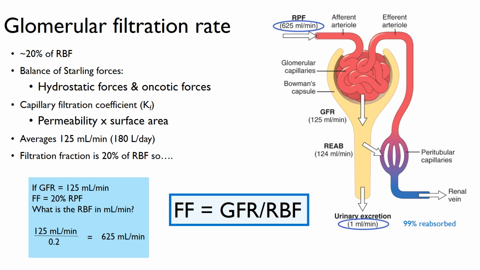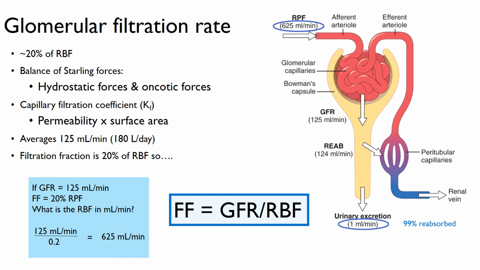So in this example over here, I'm giving you 125 mL per minute as your GFR. You have a 20% filtration fraction, and I'm asking you, well, what's your renal blood flow? Well, in this case, 125 mL per minute divided by 0.2 is 625. And that's in fact what this number is here.